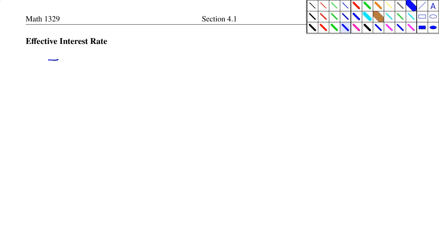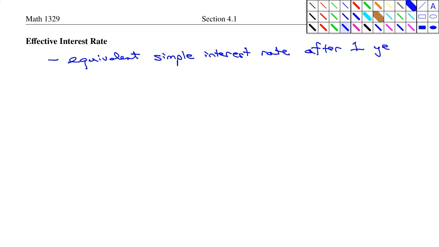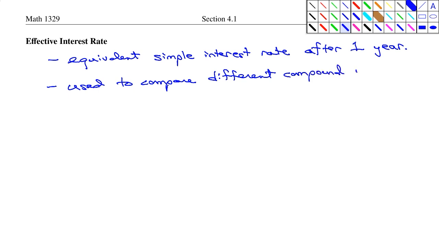So effective interest rate is the equivalent simple interest rate after 1 year, and it's used to compare different compound interest rates.